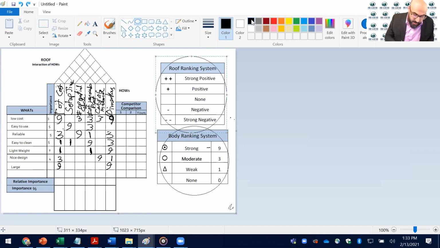Now moving into total cost and the number of operational cycles, basically the reliability. Well, there could be a positive. So I'm going to go over here and see the intersection between these two on the roof, and put a positive sign.